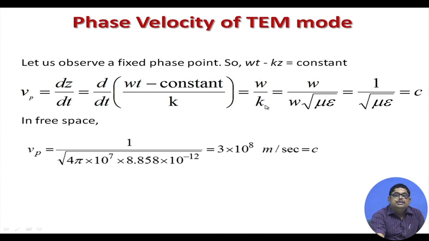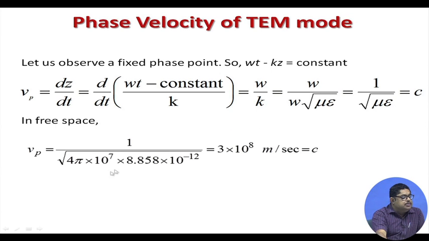K we have already seen, the k was a constant we defined, that constant is omega into this. So, omega by omega into this, so 1 by this. But what is this? If you put the value, we have already seen the values, that becomes c, the speed of light.